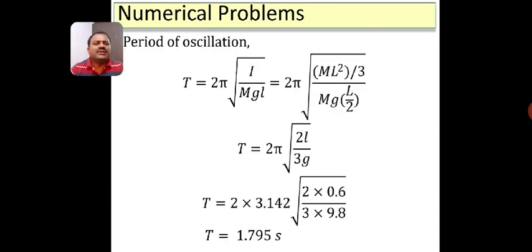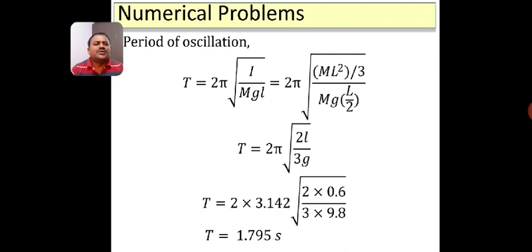Next, the period of oscillation of a compound pendulum is given by T is equal to 2 pi into square root of I divided by mgl, where I is moment of inertia about the given axis, m is mass of the bar, g is acceleration due to gravity, and l is the distance between the axis of suspension and the center of gravity.